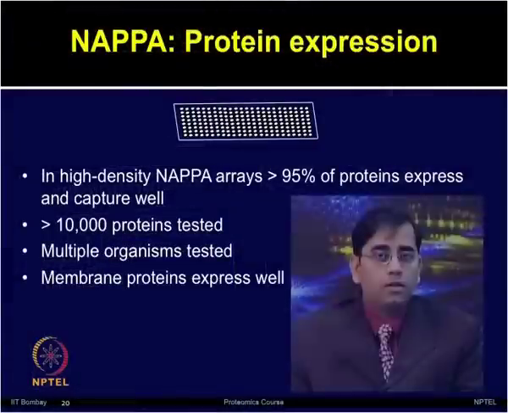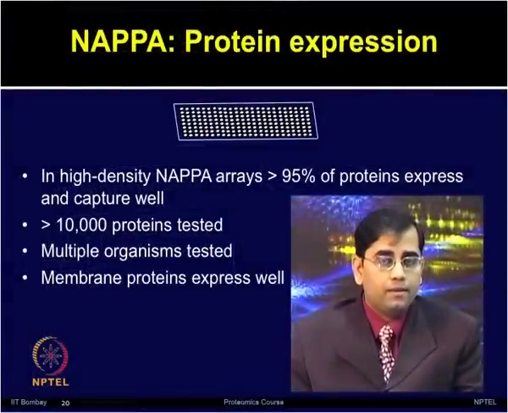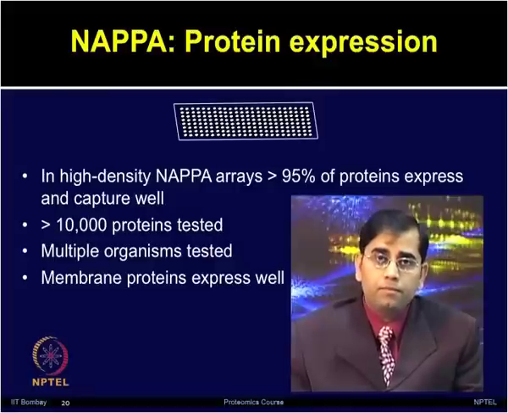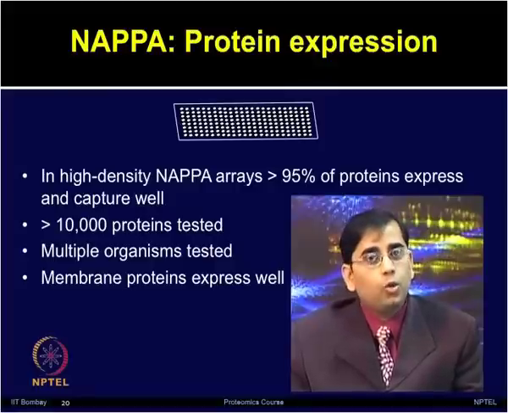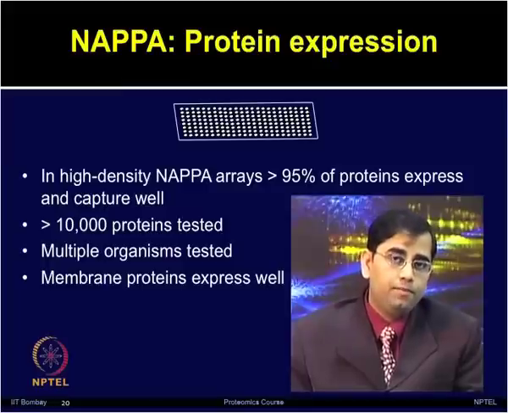Over 10,000 human proteins have been tested on these array surfaces. The NAPPA arrays have also been applied on multiple organisms, because the concept is very simple. Once you have access to the cloned cDNA containing this GST tag or any other tag, one can make use of those cDNA repositories.